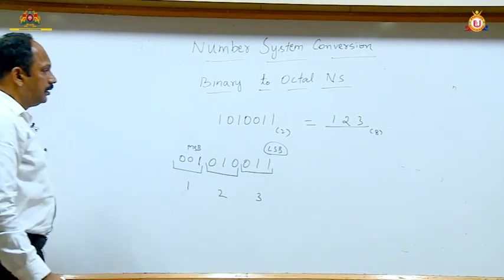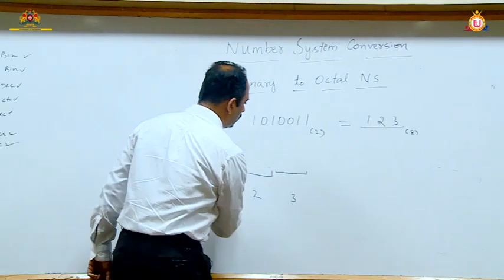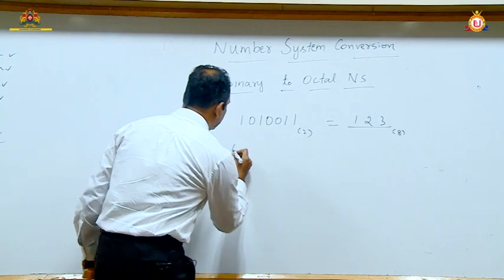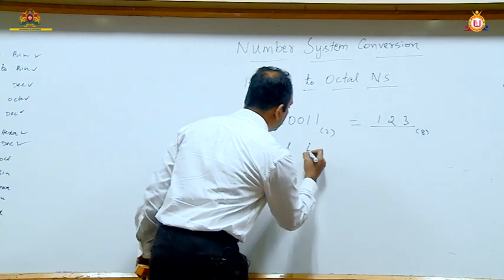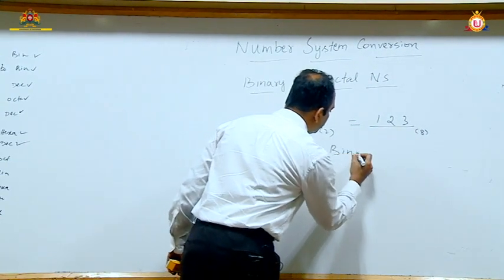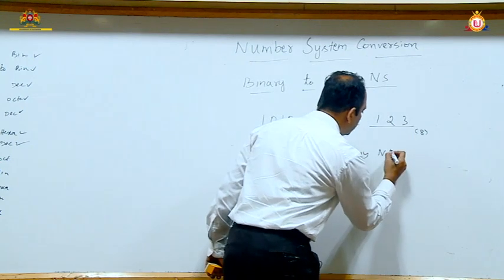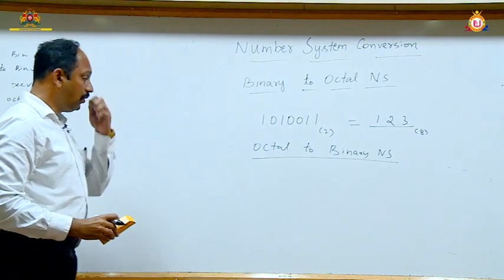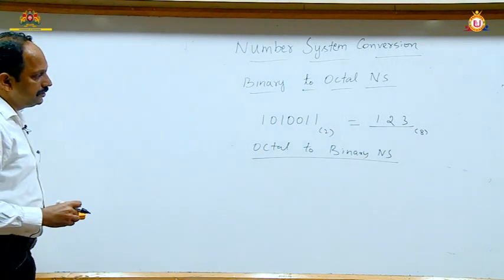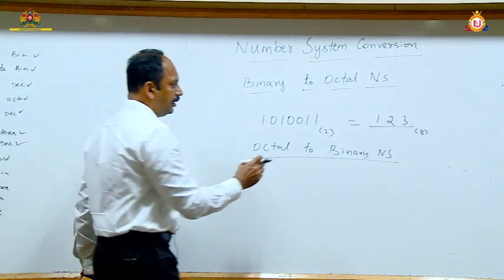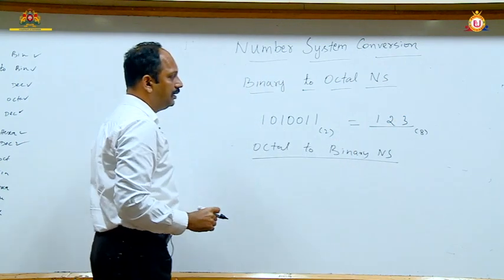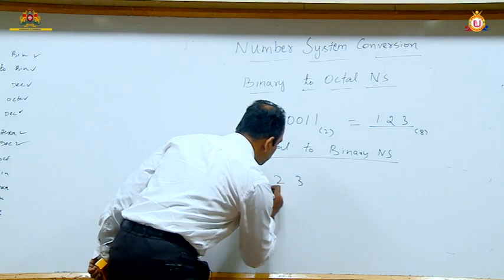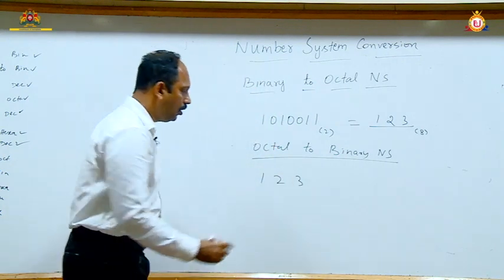Now, how is an octal number converted to the binary number system? How is the octal number system converted to binary? Let me take an octal number here. The octal number I am taking here is 123.